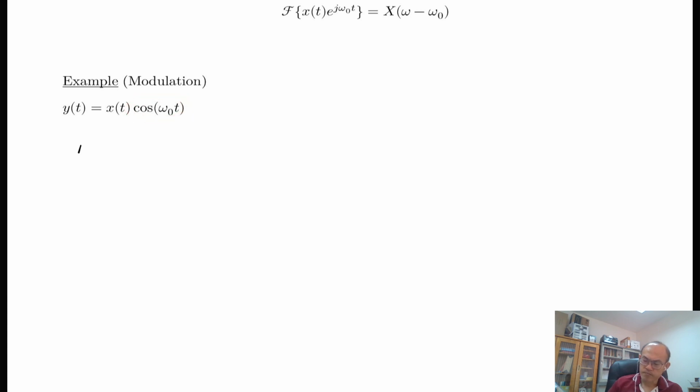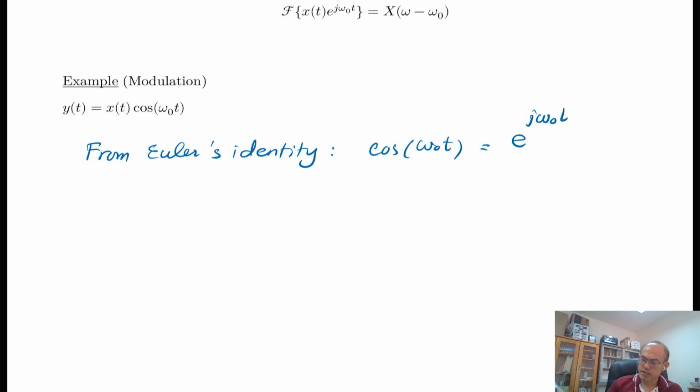So from Euler's identity, we have cosine of omega 0 t equal to e to the j omega 0 t plus e to the minus j omega 0 t over 2.